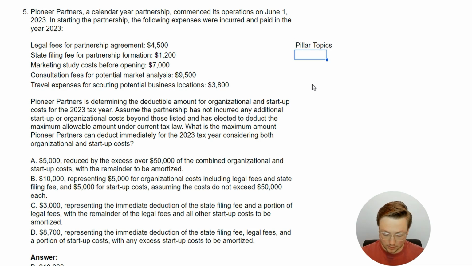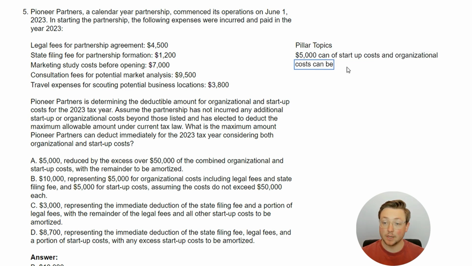So first off, something really obvious, $5,000. Startup costs and organizational costs can be immediately deducted $5,000 each. So that's not total. That's $5,000 for startup costs, $5,000 for organizational costs each.